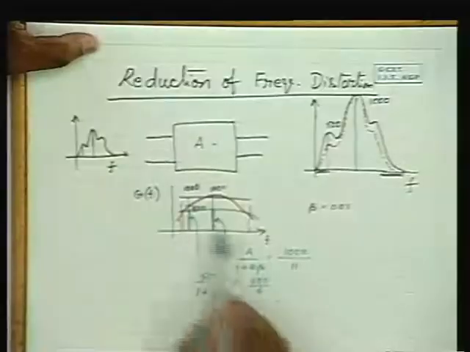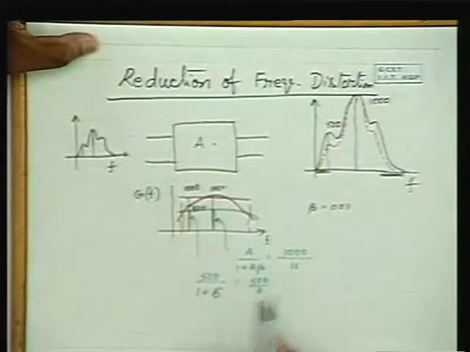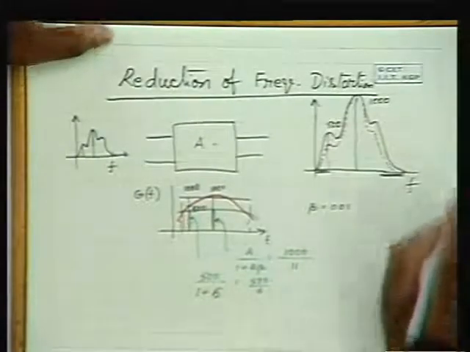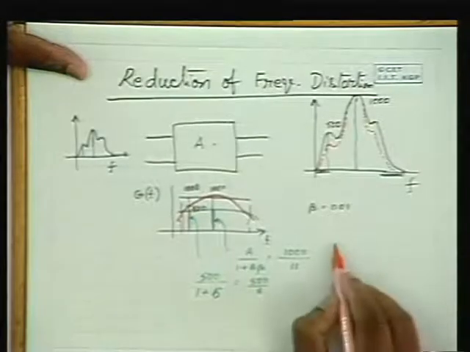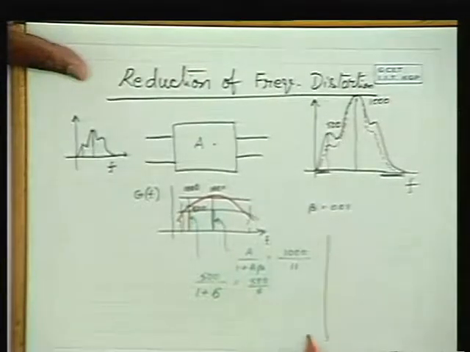I mean much better than that. So you will find that the gains are to a good extent equalized with feedback. Hence, the feedback reduces the frequency distortion. And for the same reason, the feedback improves the frequency response of an amplifier.